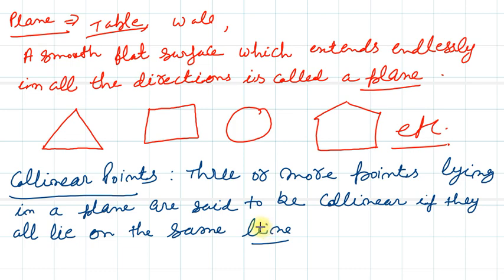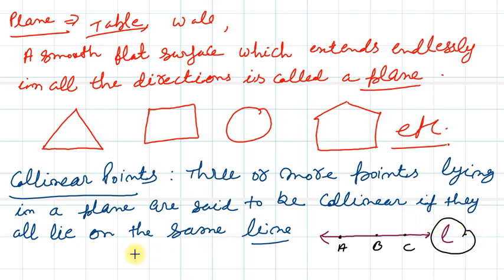So if three or more points lie on the same line, they are said to be collinear points, right? How can I draw these collinear points? If I draw a line l and put three points, this is A, this is B, this is C, they all lie on the same line l, so they are collinear points.